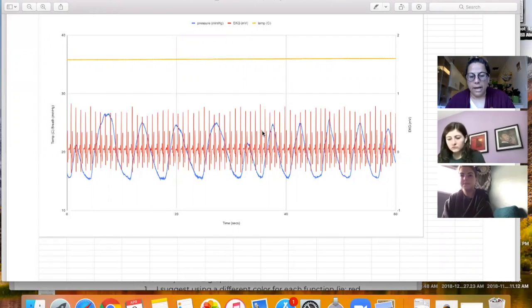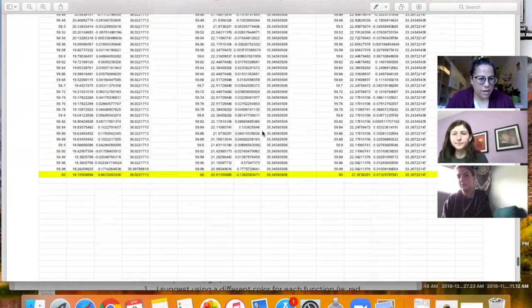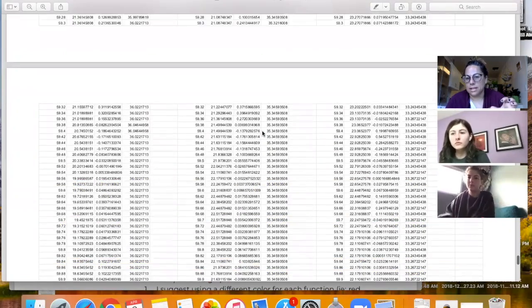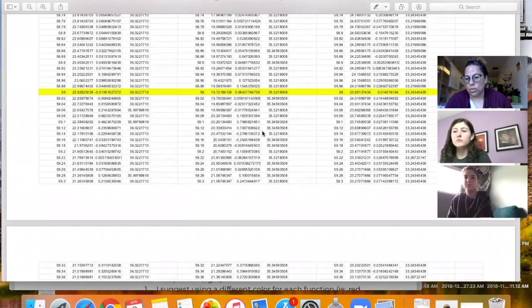But I don't need you to make it exactly like the program makes it. I just want to see that you know how to create a graph. So instead of using all, what would that be, 60,000 points? Something like that, you're just going to use the ones that I highlighted, which should only be 60.